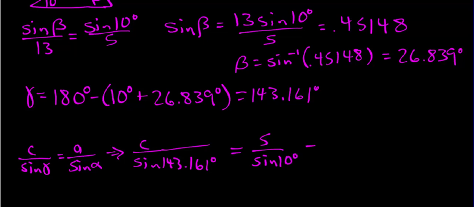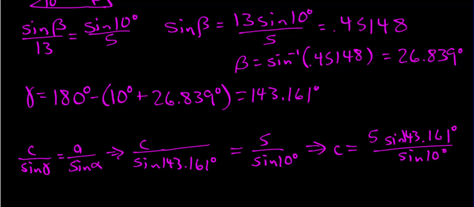So C is equal to 5 sine 143.161 degrees over sine of 10 degrees.